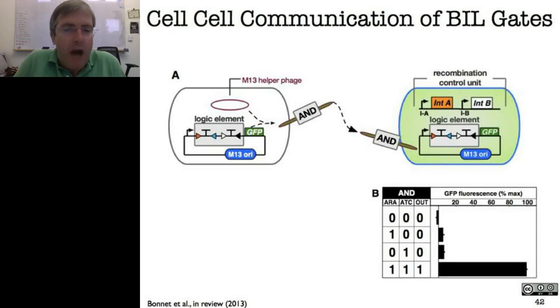Okay, so now we can send any DNA message we want between cells. Oh, guess what? Our logic gates are made in DNA, so we can send them back and forth, and we've done that, and that works. So now you can begin to coordinate behavior over time and across space by using logical operations to program bacteria or other types of cells to behave in different ways.